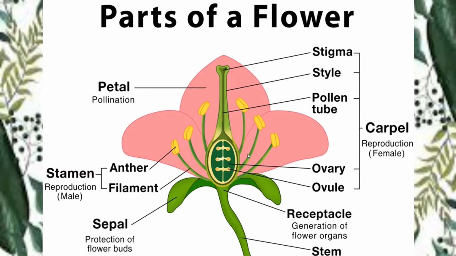And this is ovary, this is ovule. Clear? Sepal, protection. What is the function of the sepal? Protection of flower buds. All these buds are protected by the calyx or sepal. This is the receptacle, generation of flower organs.